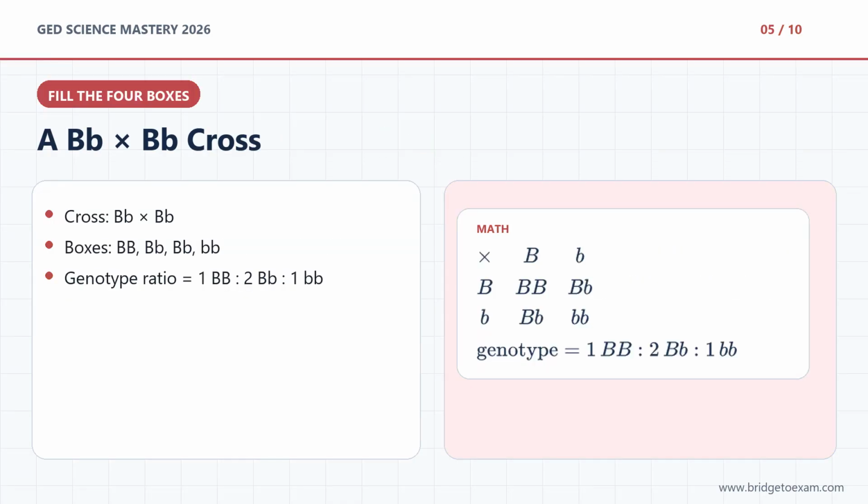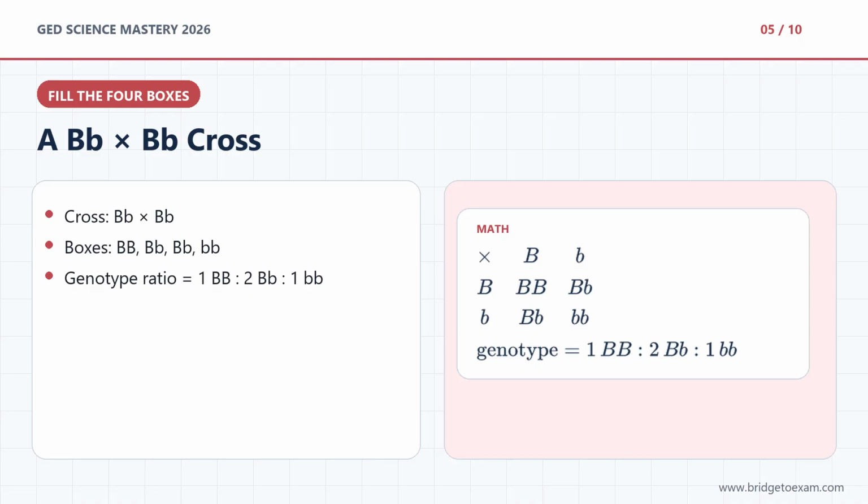Let's cross 2 Bb parents. Both carry brown and blue. Across the top, B and b. Down the side, B and b. Now fill the boxes. Top B with side B gives capital B, capital B. Top b with side B gives Bb.